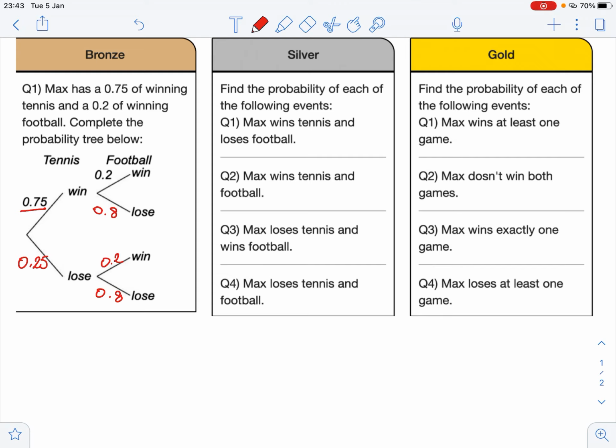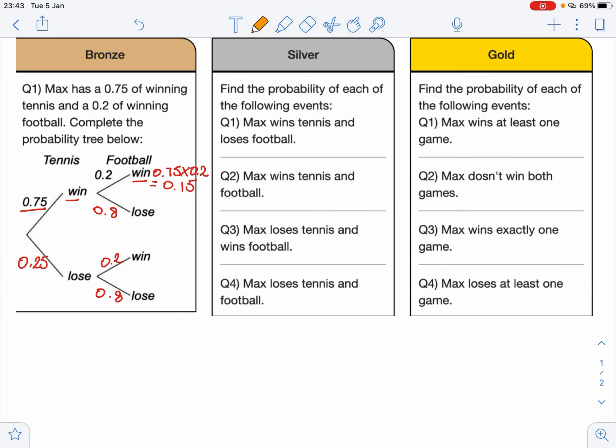Before doing the other questions, silver and gold, I always like to work out the probability of winning tennis and winning football. This means 0.75 times 0.2. So this branch, win and win, gives you a probability of 0.15.